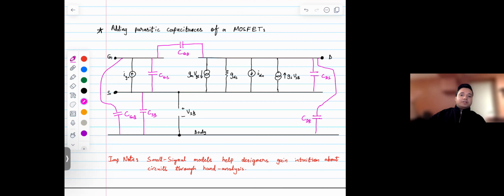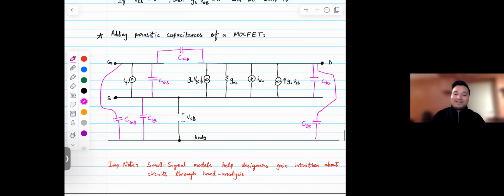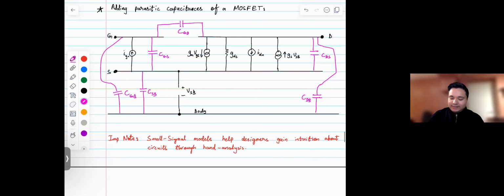Then you would have 5 or 7 or 10 equations for the other transistor, and you would have to algebraically solve all these different equations to come up with some final expressions, and that's just for 2 transistors, like for a current mirror. If you have a schematic with 4 or 5 transistors, you would be doing algebra for 15 to 20 pages, and you would get super complex equations at the end that would not give you any intuition anyway. So the point I'm trying to make here is about the small signal model.